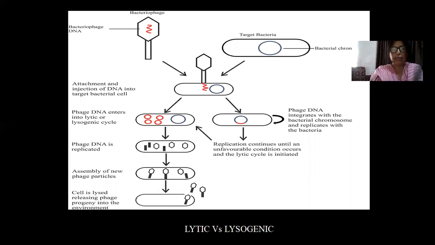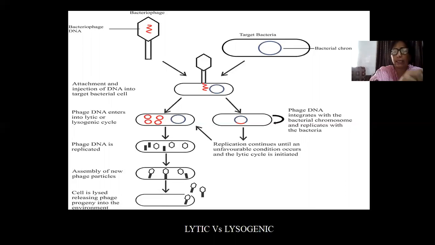In the diagram, it is clear that the bacteriophage has DNA. It attaches to the target bacteria, which has its own bacterial chromosome, and injects its DNA into the bacterial cell. This process is similar in the lytic cycle as well as in the lysogenic cycle. As soon as it enters, the viral DNA decides whether it has to go to the lytic cycle or follow the lysogenic cycle.